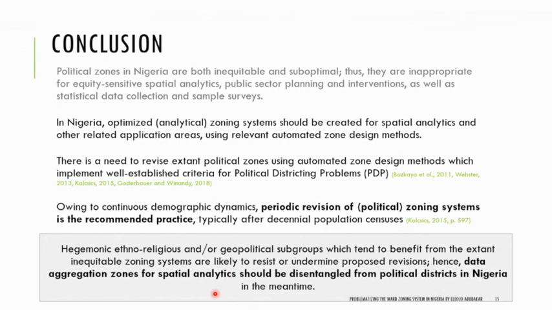So it's part of the goal of this research to increase the awareness of this problem. And it's my hope that if people become a lot more aware of these, then necessary mechanisms in form of agitations and the rest will be in place to look towards solving them in the near future. But in the meantime, we'll create analytical zones instead.